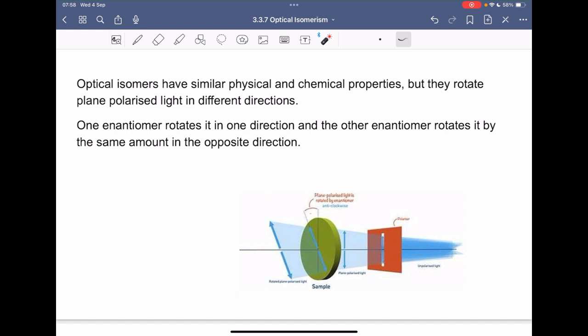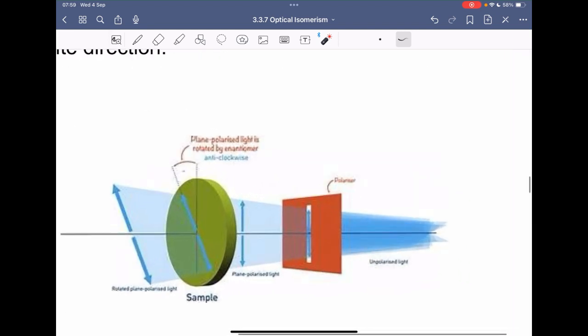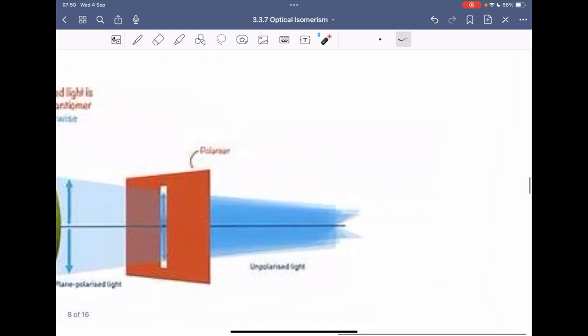Optical isomers have similar physical and chemical properties, but they rotate plane polarized light in different directions, okay? One enantiomer rotates it in one direction, and the other enantiomer rotates it by the same amount in the opposite direction, okay? What this really means is, if you have light, light normally flows in different directions, so you have light coming like this, but some of the light will travel in this direction, some of it will travel along this plane, okay?